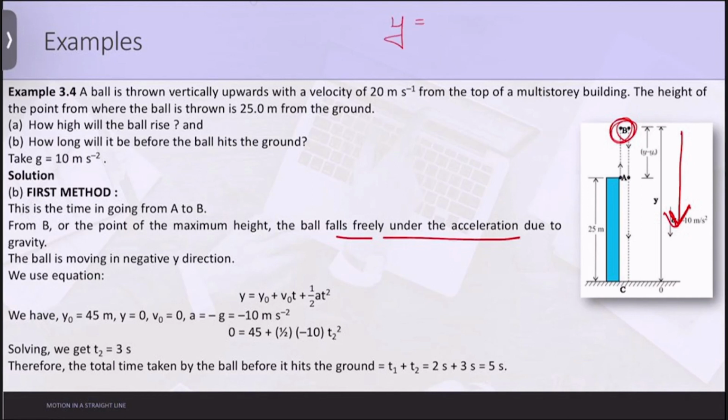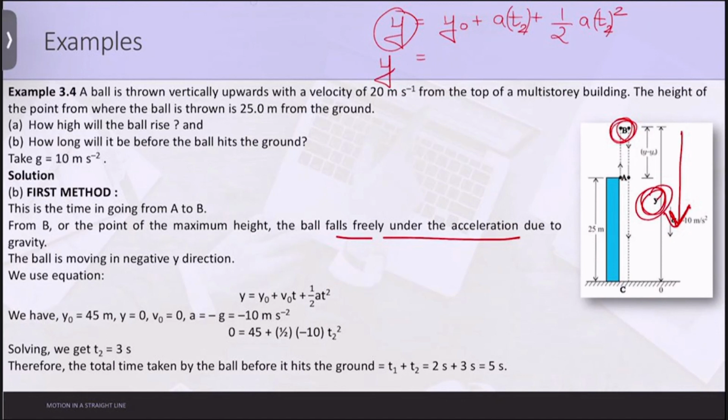y is equal to y naught plus v naught t plus half a t square. Please remember here t will be t2. Now let us calculate this displacement. Only the initial value of y is required here. What is the value of y naught?